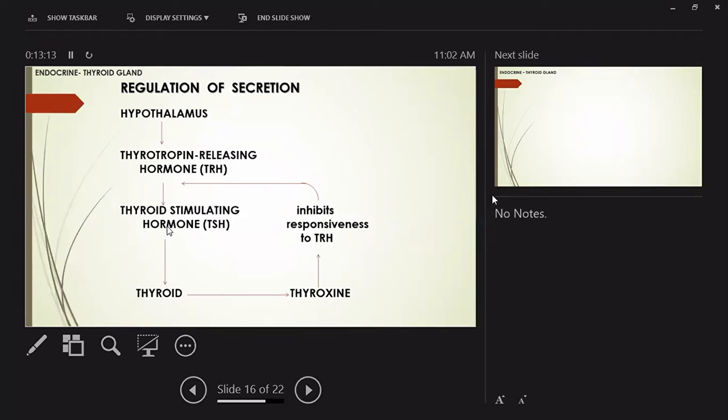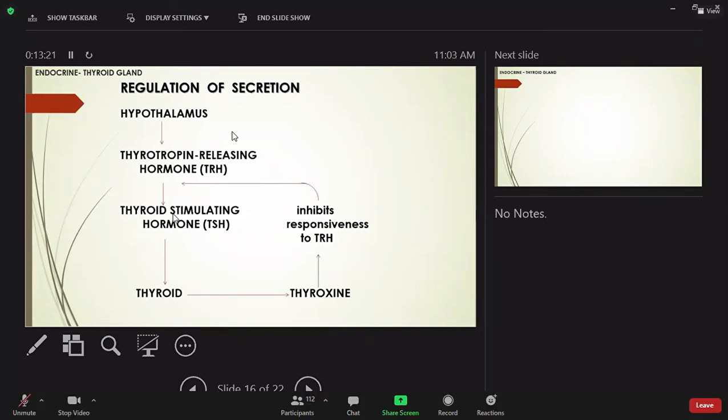This is a tropic hormone. This TSH will stimulate your thyroid to produce T3 and T4. Your MIT and DIT will be recycled.